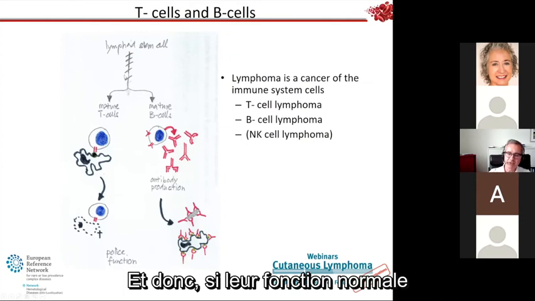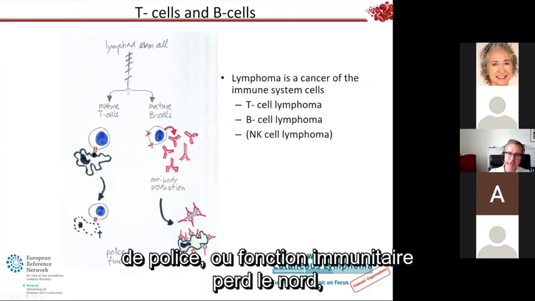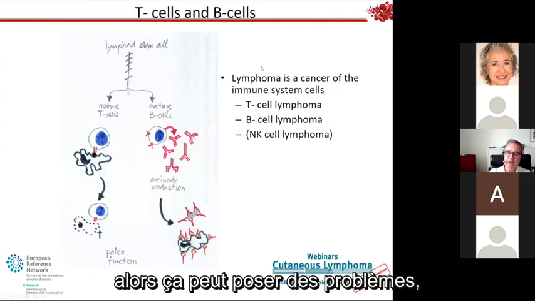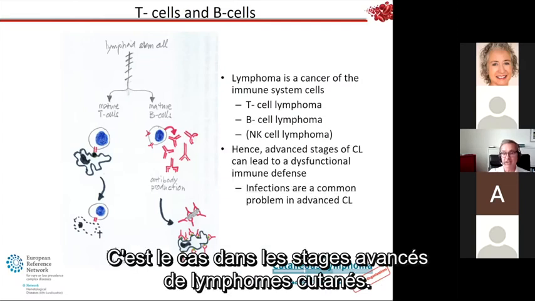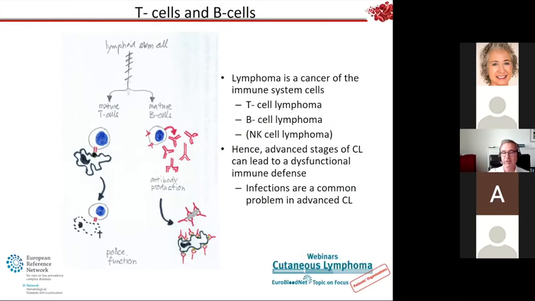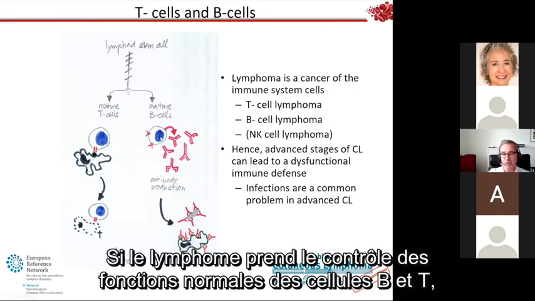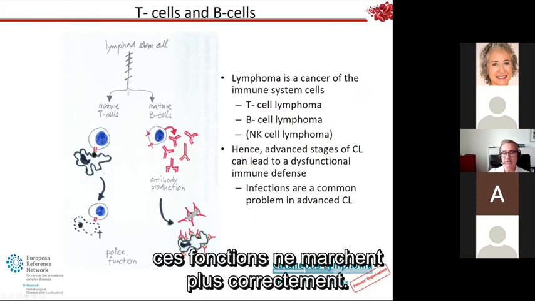Now if this normal police function, this immune function, goes havoc, then we may have problems in the lymphoma cases. We may have problems with infection. That's actually the case in advanced stages of cutaneous lymphoma. If the lymphoma takes over the normal function of the B and T cells, this function cannot work properly anymore.